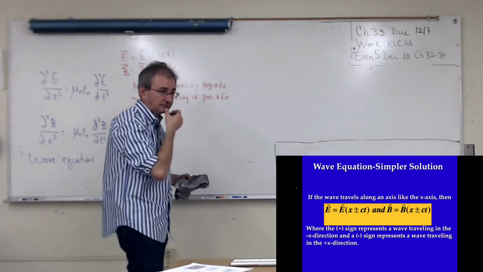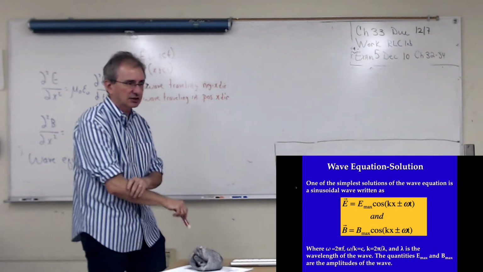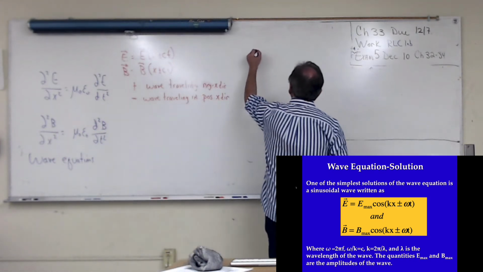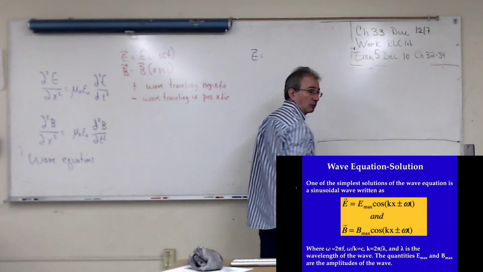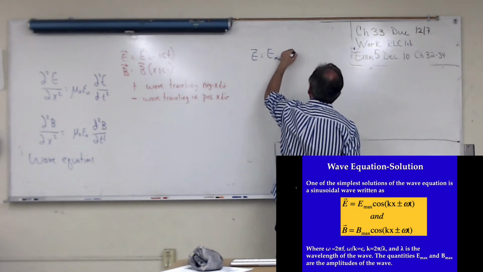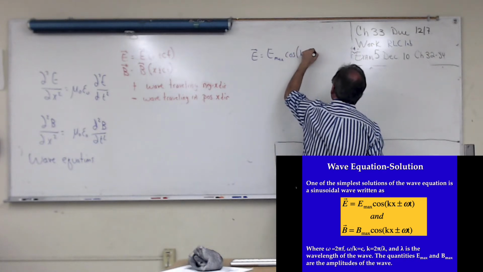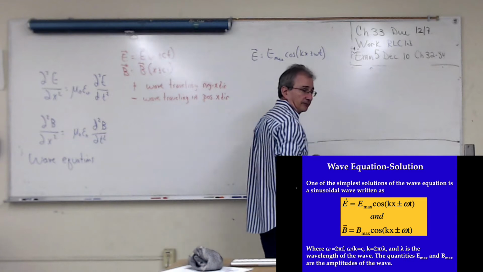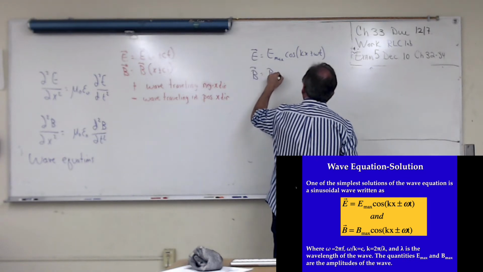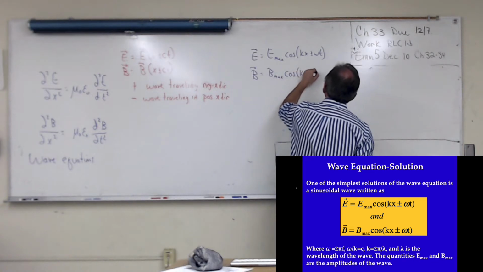Okay. So that's the general solution, but a more specific case is when you have an oscillating source such that the electric field can be written as E max cosine of kx plus or minus omega t, and B equals B max cosine of kx plus or minus omega t.